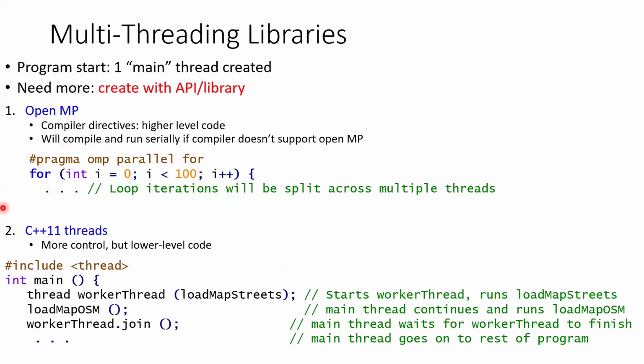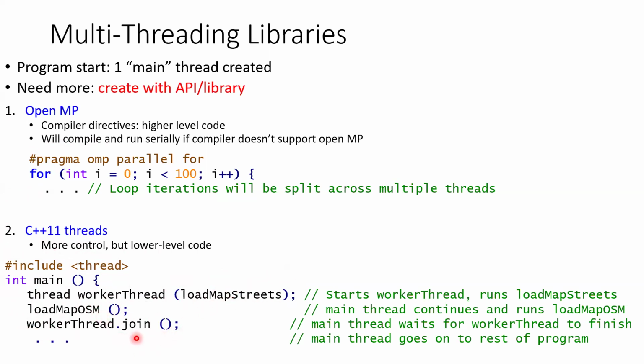For the second option, you can use the C++11 threads library, which is just using the include thread library and creating a thread like this. Thread, the name of the thread, and the function to run on this thread. And after everything's done, call join.